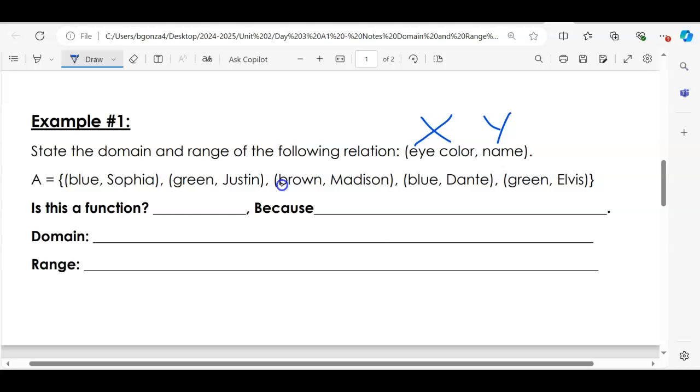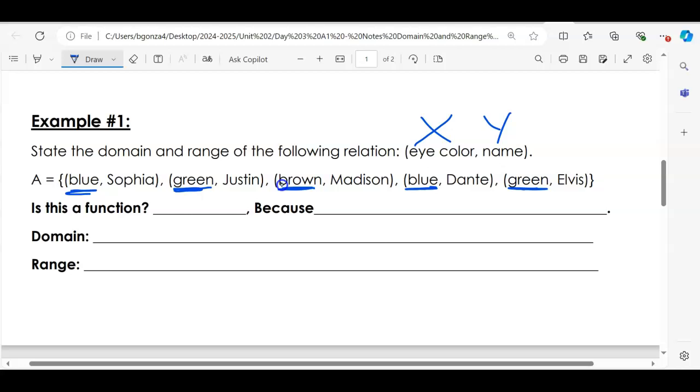Now how do we tell if something's a function? X does not repeat. Don't remember that from our notes? X cannot happen more than once. So look at all of our X values, all of our eye colors. Is this a function? What do y'all think? Is this a function looking at all those X values? No, because does X repeat? Do I have any repeating eye colors?